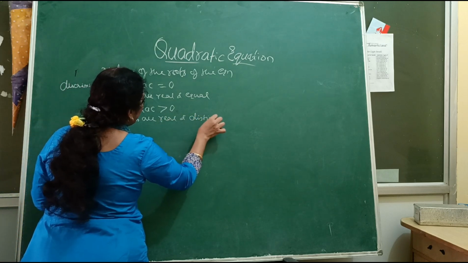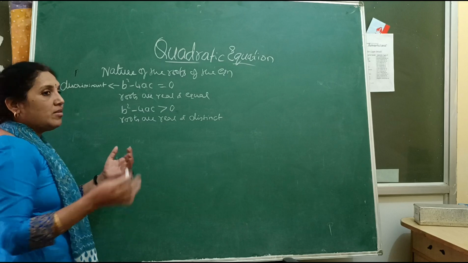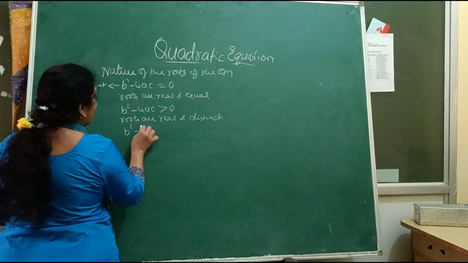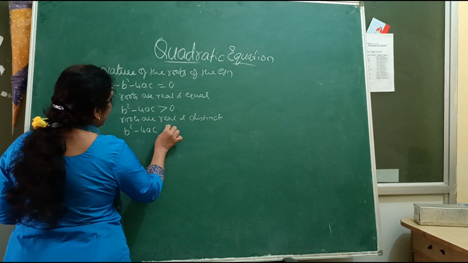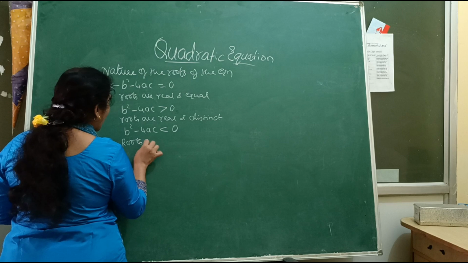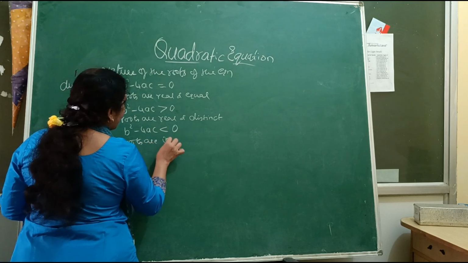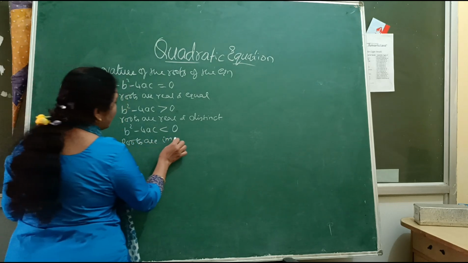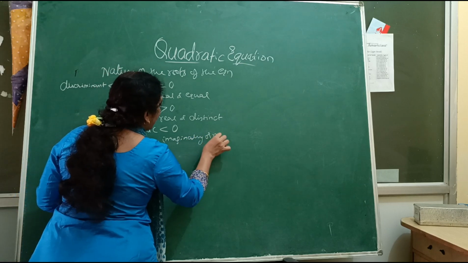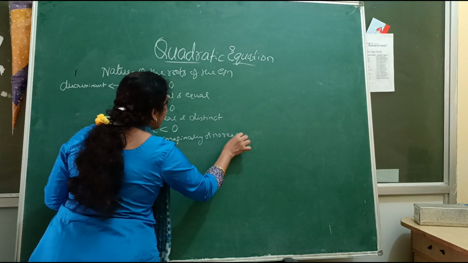I think you know what you mean by distinct. Distinct means the different roots you have. Next, b square minus 4ac is less than 0. The roots are imaginary, or you can tell it as no real roots.